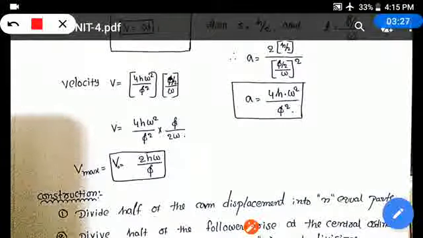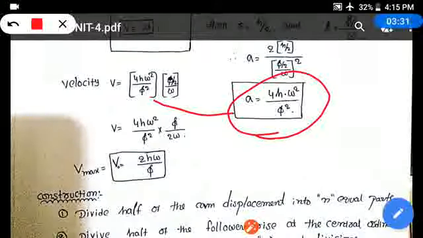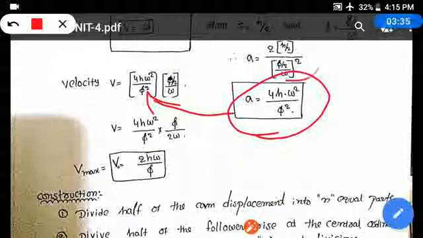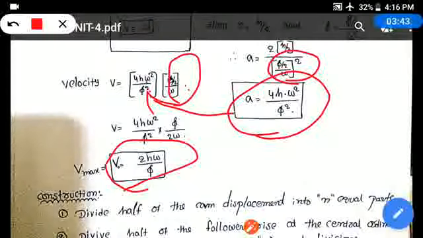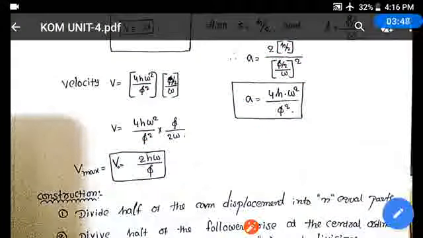I already know a is equal to 4h omega square by pi square, so I have substituted the a value here, and the t value we already know, we have substituted here phi by 2 by omega. So a into t is the velocity. If I cancel out the terms, I am getting v is equal to 2h omega by pi. So remember these two equations, one is v is equal to 2h omega by pi and a is equal to 4h omega square by pi square.